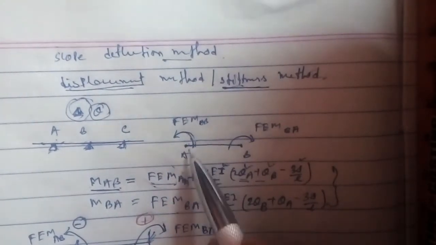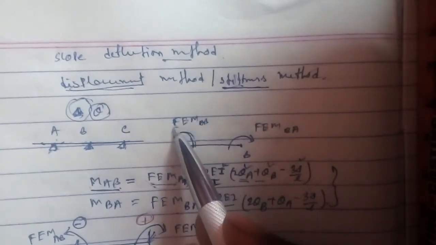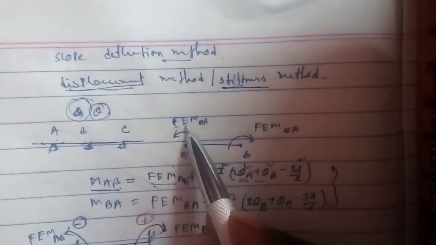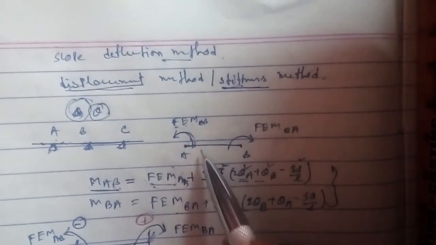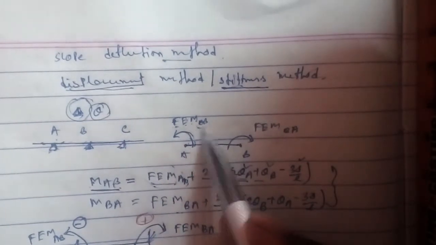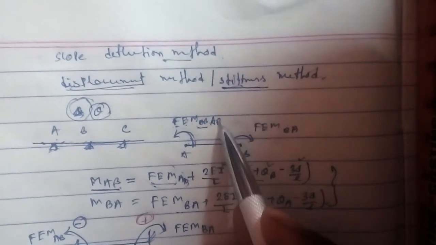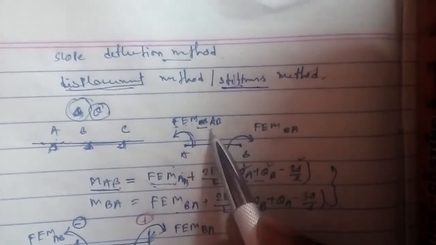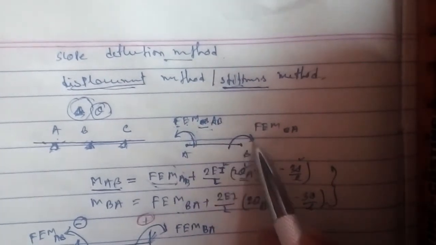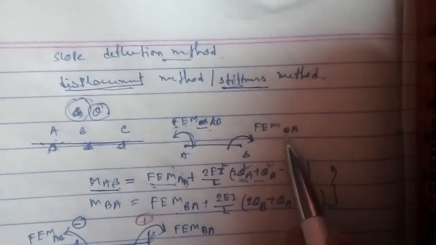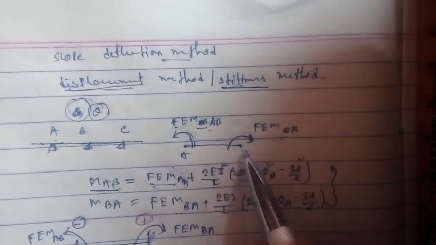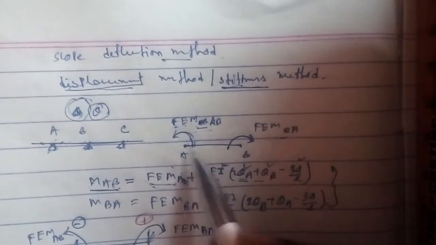FEM is the full form of fixed end moment. FEM AB is from A to B, and another moment will also act here, FEM BA, from B to A.